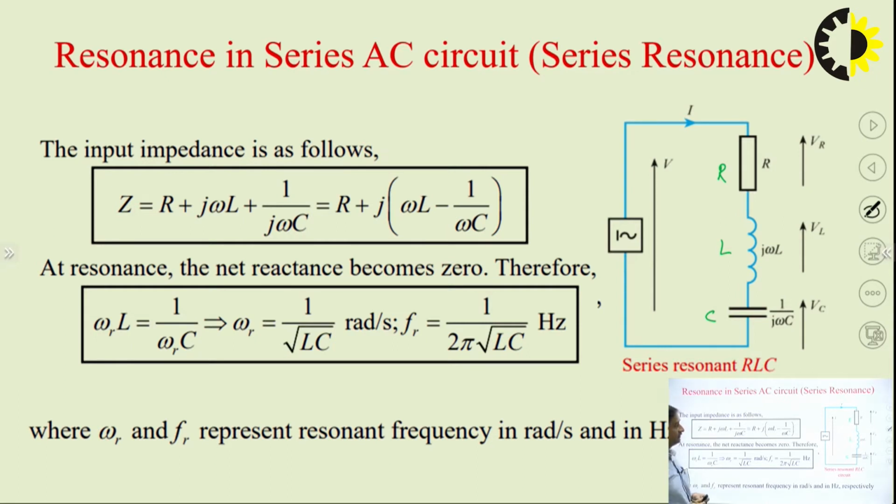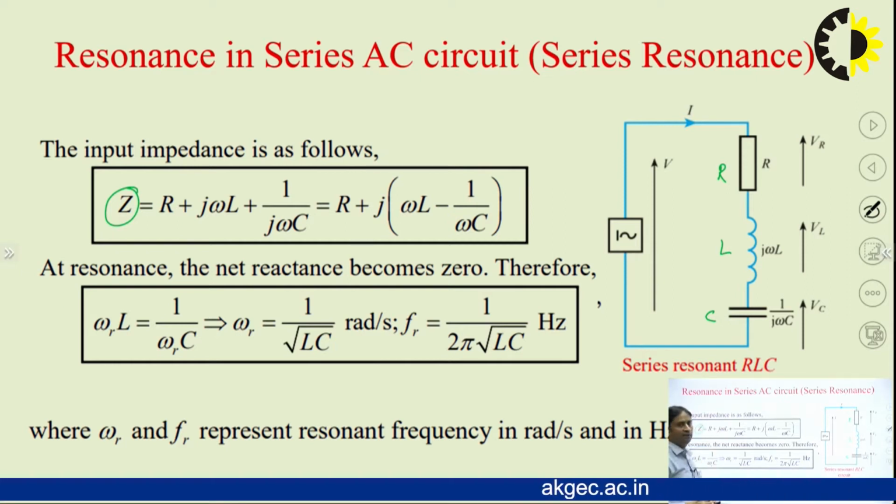First of all, you can calculate the input impedance, which is equal to R plus XL plus XC, that is R plus j(omega L minus 1 upon omega C). Here R is the real part, and omega L minus 1 upon omega C is the reactive or imaginary part.